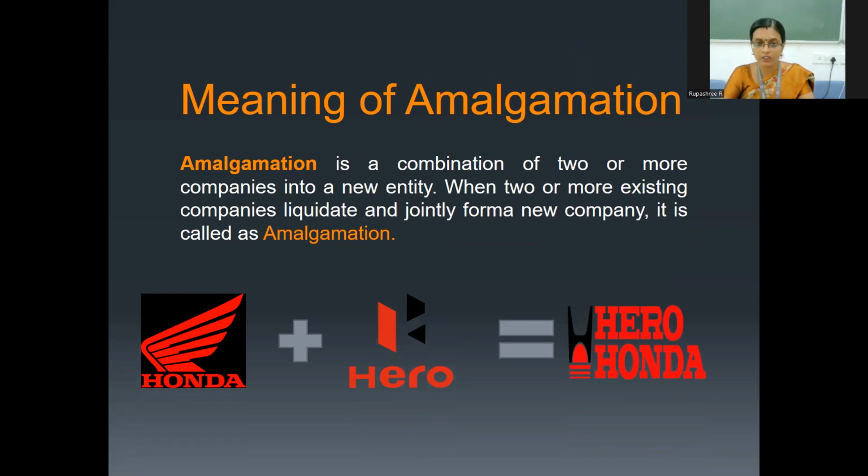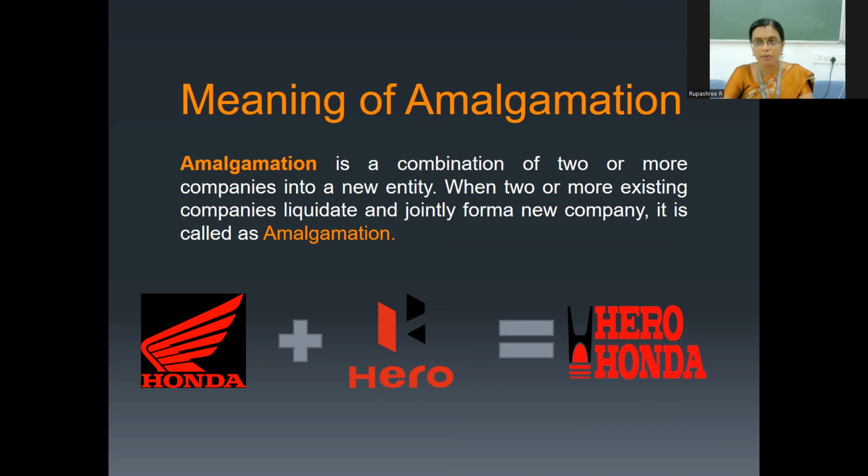Therefore, this kind of combination is called amalgamation. Another point to be noted is that the two companies liquidating and jointly forming a new company need not be in the same nature of business. They can also do a different kind of business.